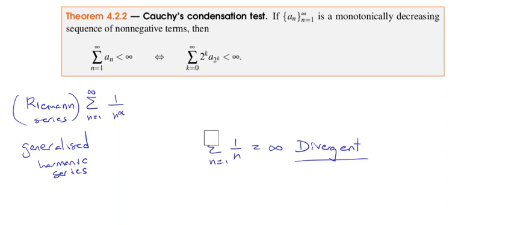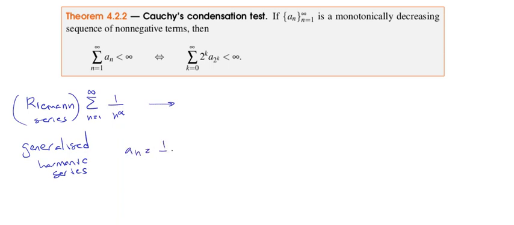Well, let's see. We're going to apply Cauchy's condensation formula. So we have a sub n, so a sub n is 1 over n to the alpha. And we need to compare it with 2^k a_{2^k}, so this is 2^k times 1 over (2^k) to the alpha, right?